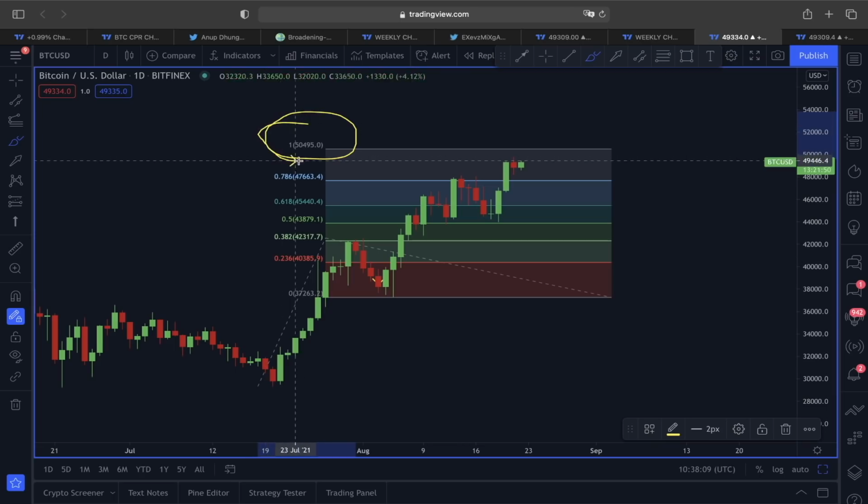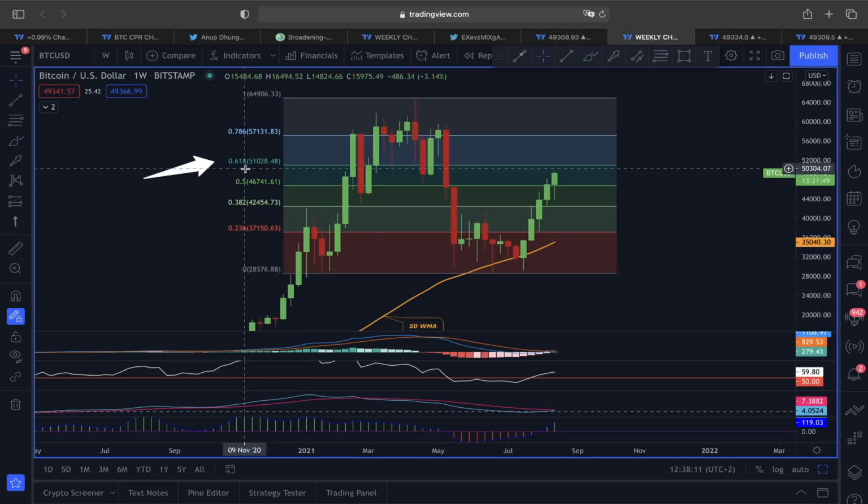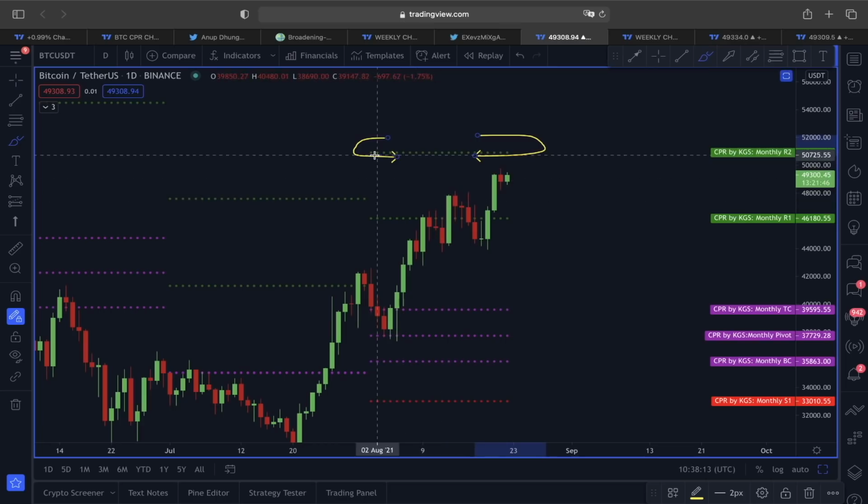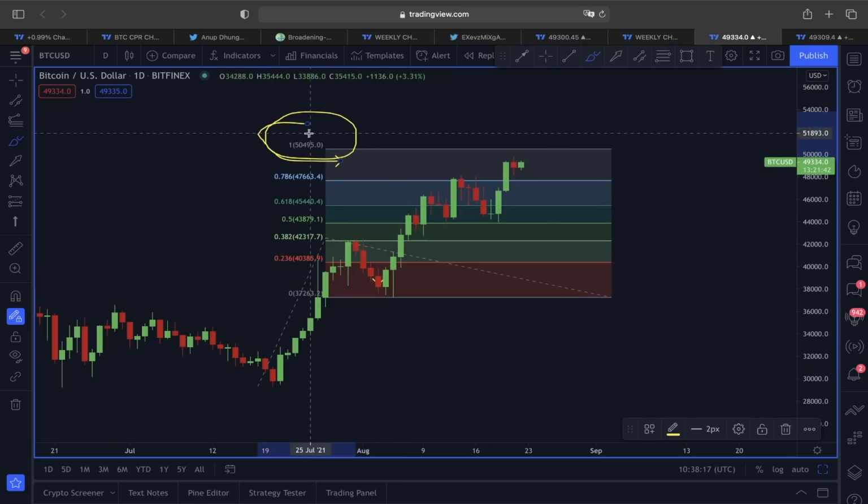So that's why this price range around 51,000, with the help of CPI, you can see 50,899, right? This 100% Fibonacci level also makes a lot of sense. So between this 50 to 51,000 is where we might be heading in the short term.